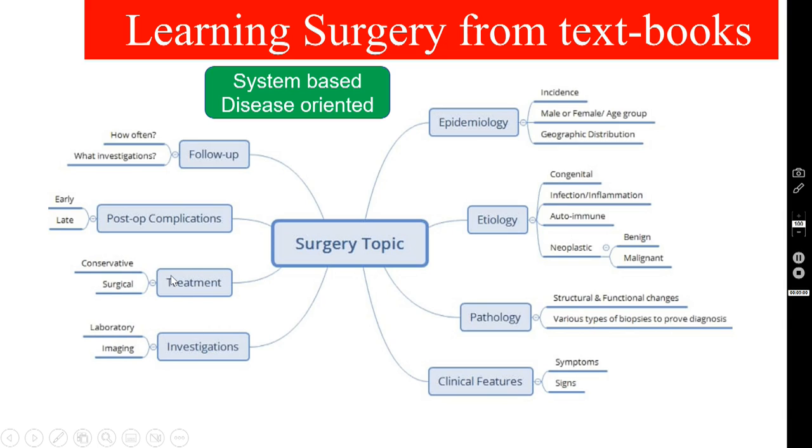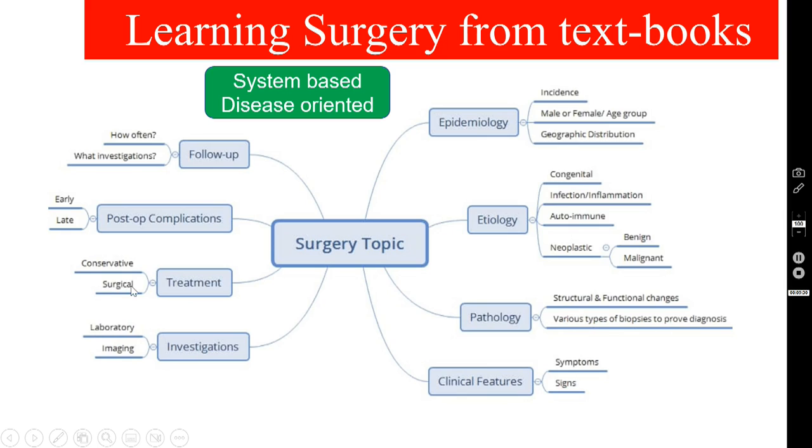And then coming to the treatment, it could be either conservative treatment, where the patients do not need any surgical intervention, and those patients, majority of our surgical cases, they need some sort of surgical intervention, and you should know what surgery should be done, and you should know how to do it if you are going to become surgeons.